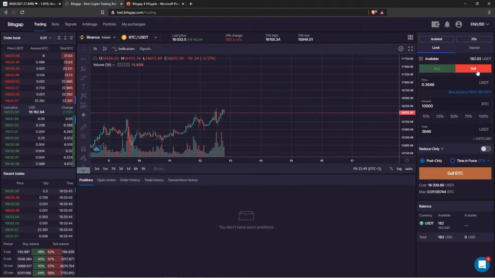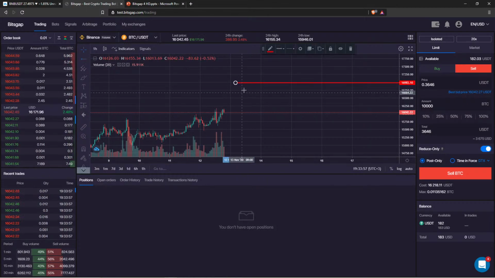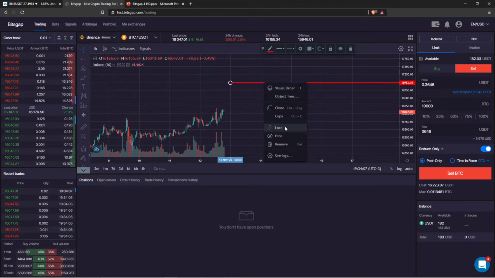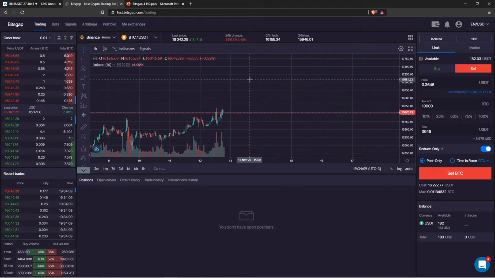So you have to click on sell, the exact amount that you've purchased, and make sure to click on reduce only, because by that you make sure that as the price will trigger the limit order, it will only reduce your open position and will not open a new one. All right. So that's once again another thing for you to keep in mind.